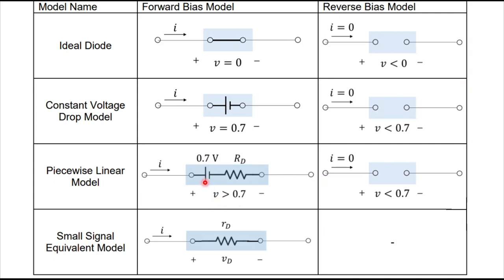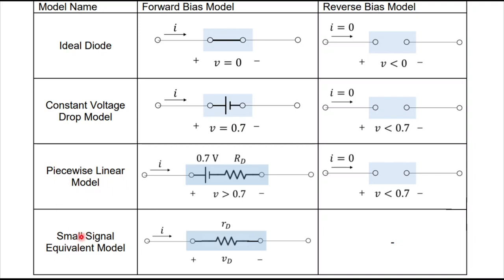But along with the 0.7 volts drop across the diode, you also get a resistance RD. So there is a forward resistance to the diode. This resistance will be very small, but it is there nevertheless. Okay, and then if the voltage is less than 0.7, you just get an open circuit. Okay, so these could be three ways of modeling the diode depending on how much accuracy you want in your results, right?